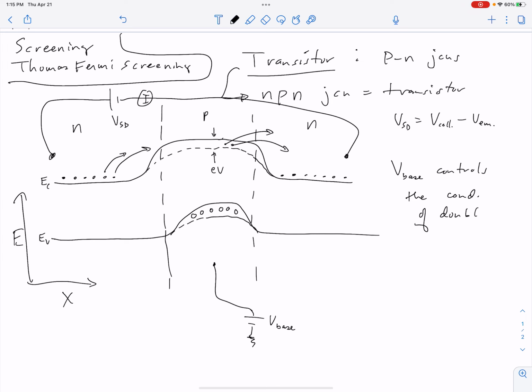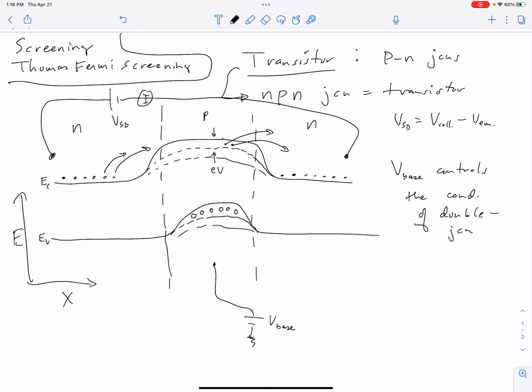And that's a transistor, because it's a switch. The base is a switch. If I put a positive voltage on the base, it pulls down this energy, and now the electrons can get through really easily, and the conductance is high. But if I take that voltage away, or make it go opposite, then that energy goes high, and those electrons can't get through.